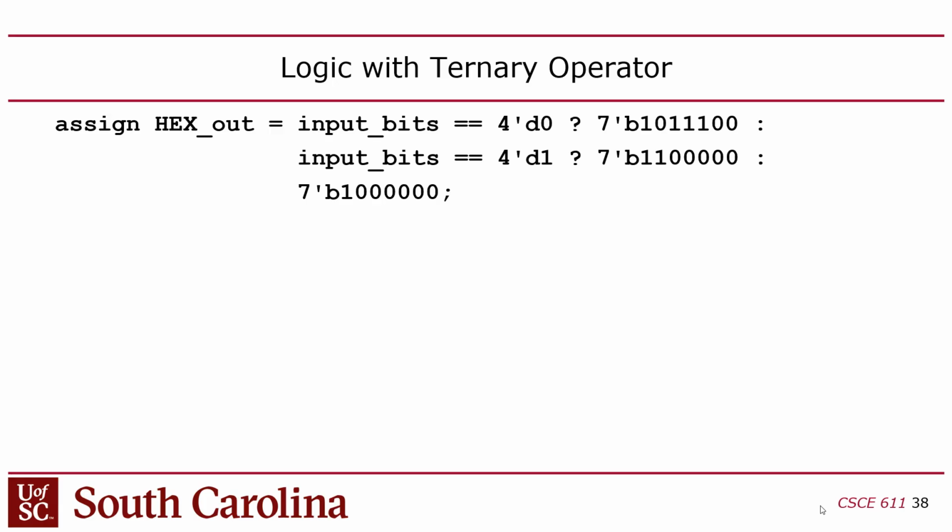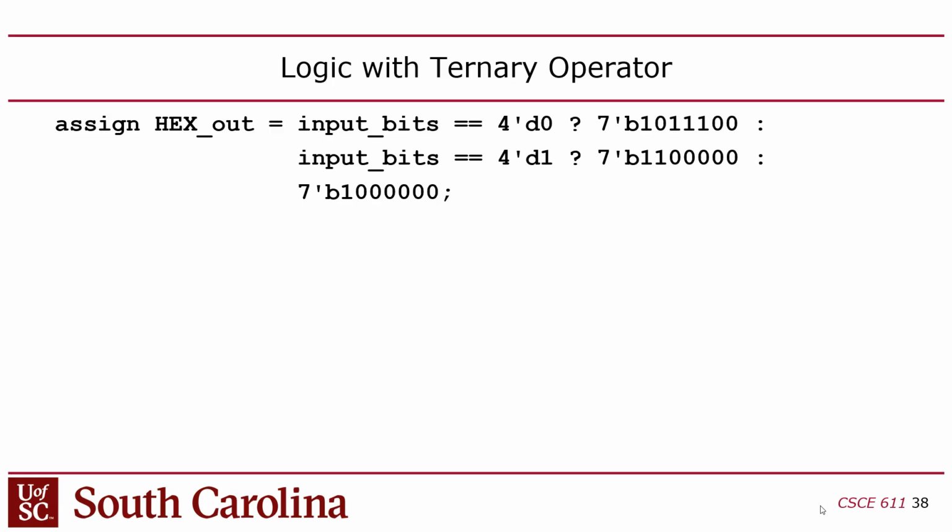You have to remember there's 8 of them, right? So remember we talked about the concept of regularity. Regularity is when you design one thing and then you can stamp it out a bunch of times. So the goal here is to create one hex decoder and then instance it 8 times inside of your design, right?